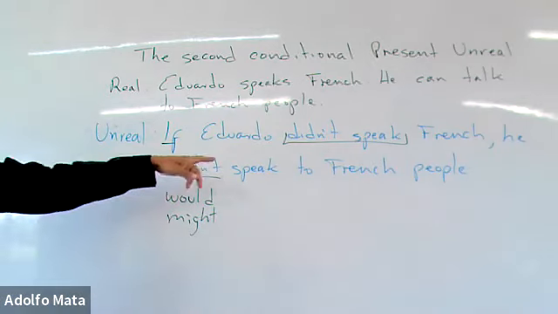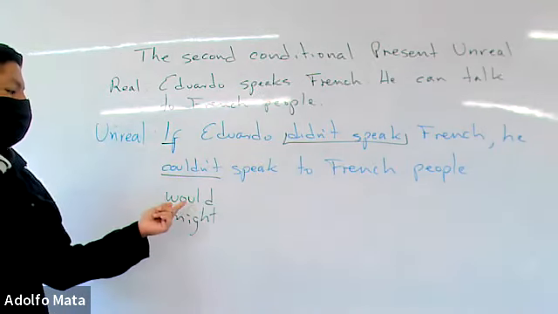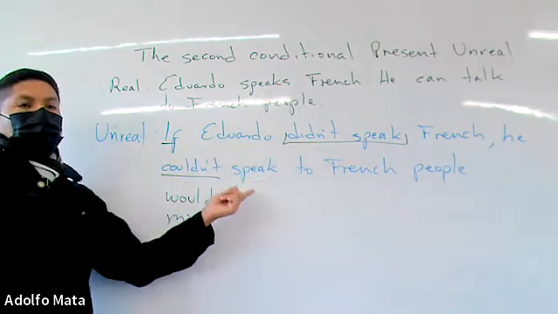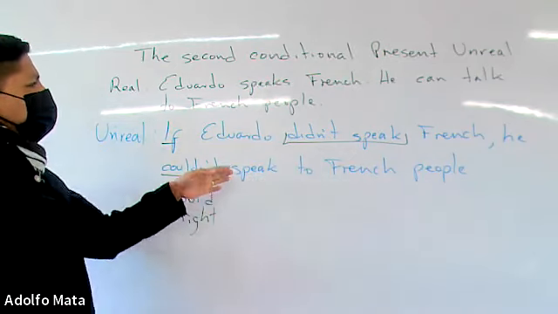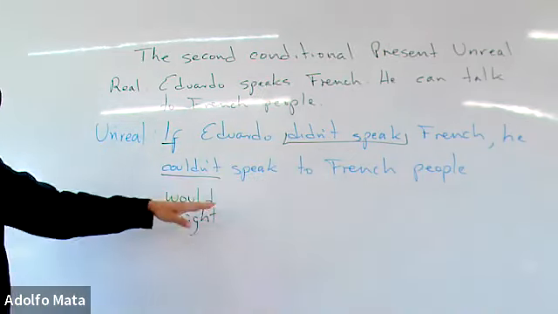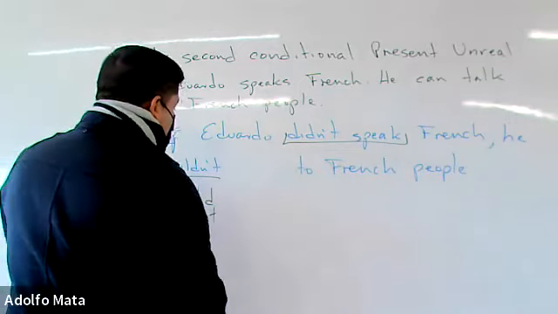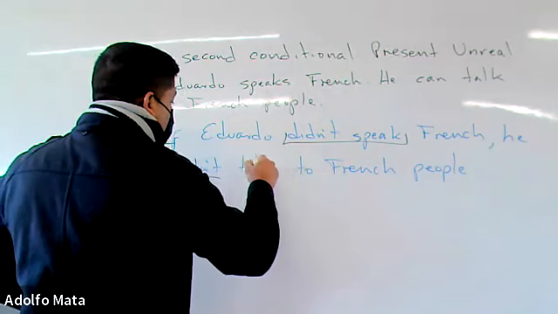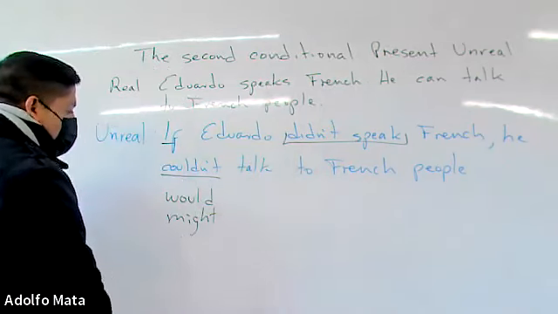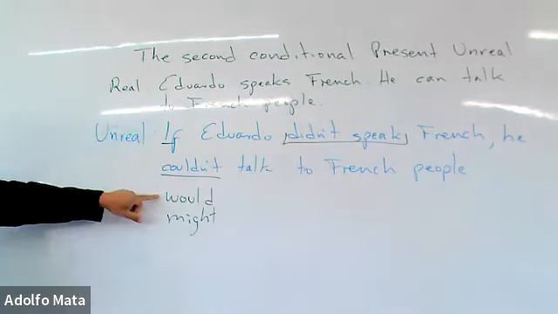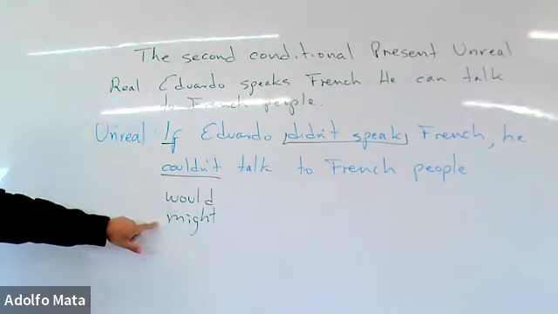If I say, he couldn't speak to French people, it means, él no hablaría, no platicaría. I said speak, then talk, right? I changed the verb. He couldn't talk. But basically, it's the same, speak and talk. So other auxiliaries that you could use are would or might.